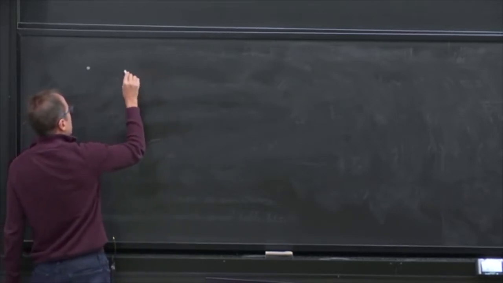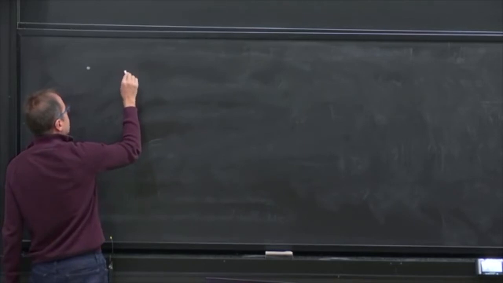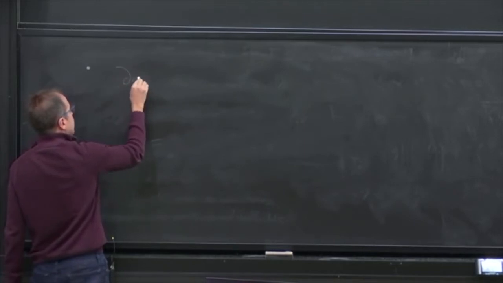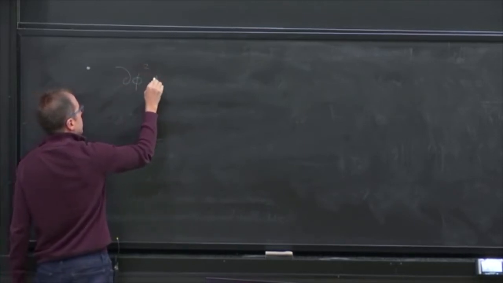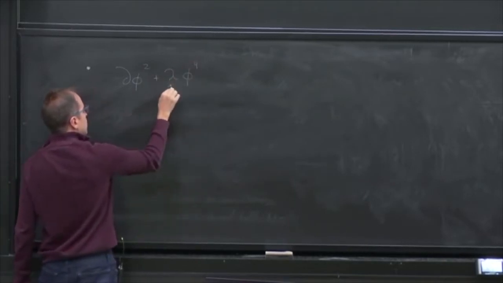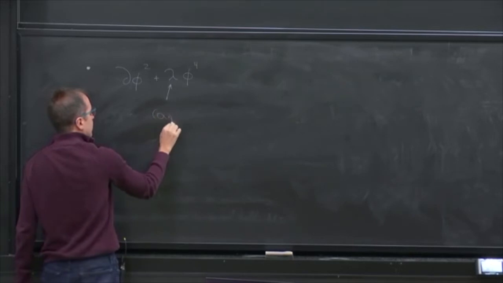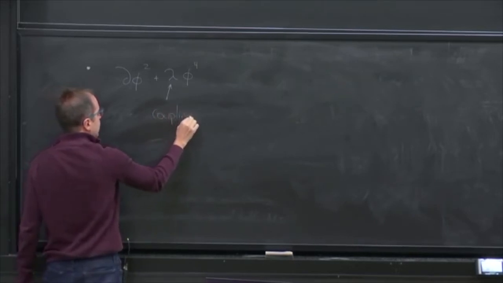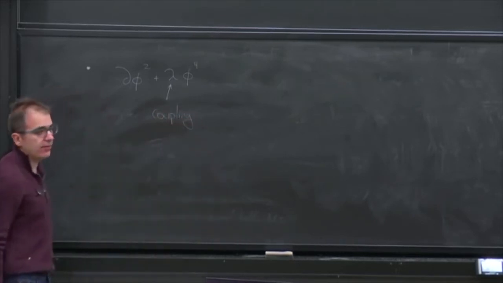Okay. So let me first make one small comment before starting, which is, suppose I have a weakly coupled scalar, and then a phi to the 4 interaction.